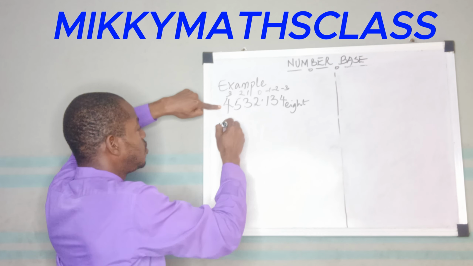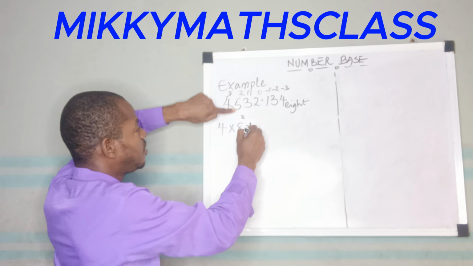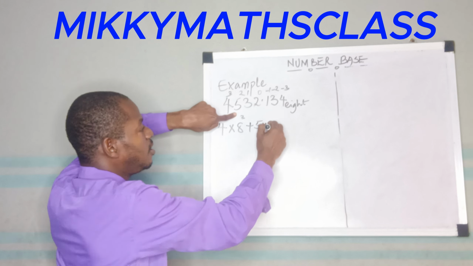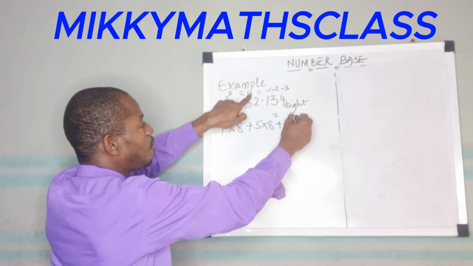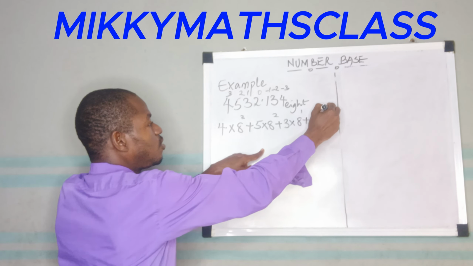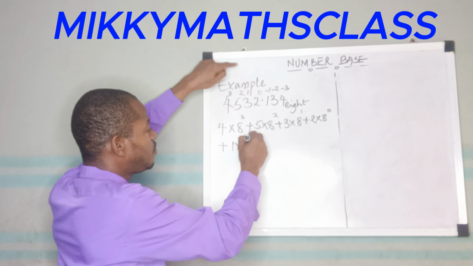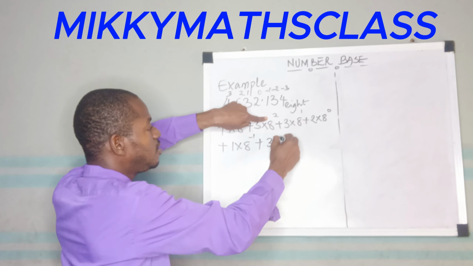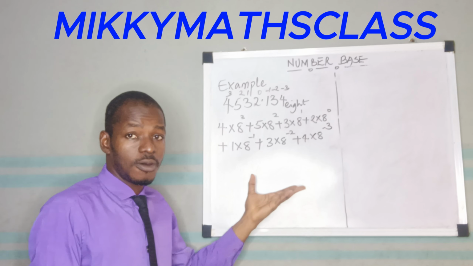So I will say 4 times 8 raised to the power of 3, plus 5 times 8 raised to the power of 2, plus 3 times 8 raised to the power of 1, plus 2 times 8 raised to the power of 0, plus, now we are done with the whole number part, to the fraction part, plus 1 times 8 raised to the power of negative 1, plus 3 times 8 raised to the power of negative 2, plus 4 times 8 raised to the power of negative 3. So we have ended up expanding this number in base 8.